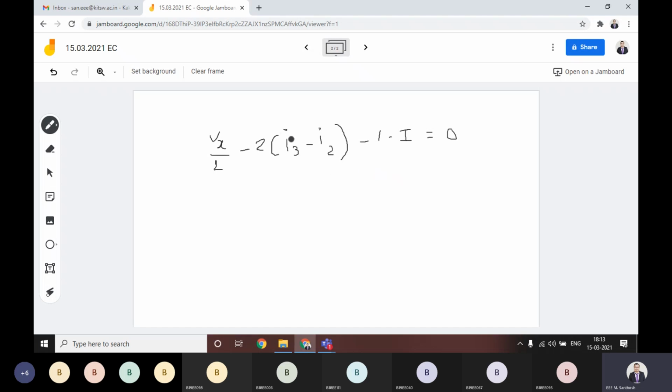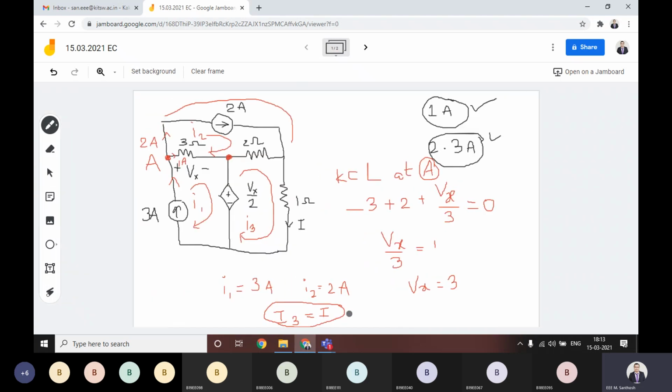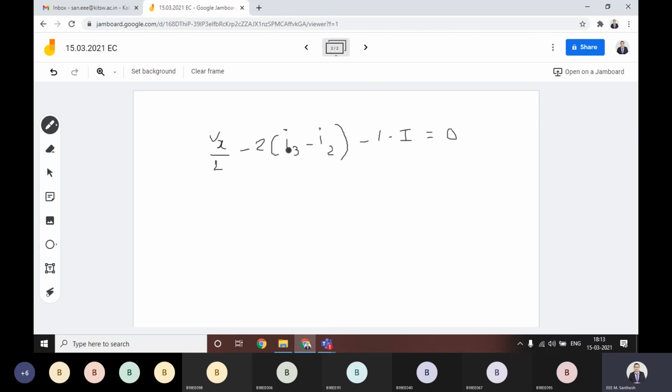Then what is the I3 value? We know the I3 value is equal to I only. Simply we need I, so you substitute I here also. Then this will become Vx by 2 minus 2 into (I minus I2).